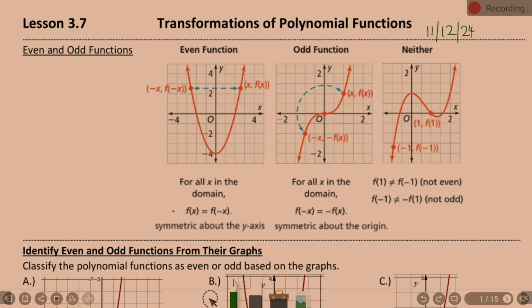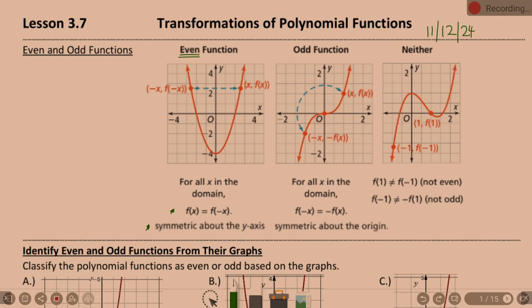Or is it symmetric about the y-axis? Symmetric about the y-axis is going to mean what? You can take your graph and fold it in half on the y-axis, right? Okay, so those are the two pieces that if something is an even function, it's going to meet those criteria.